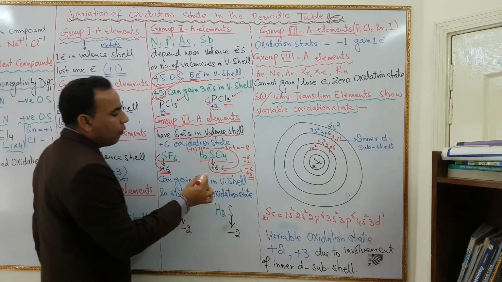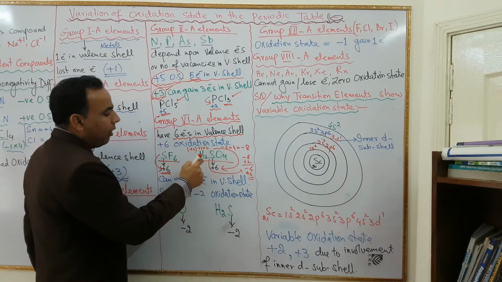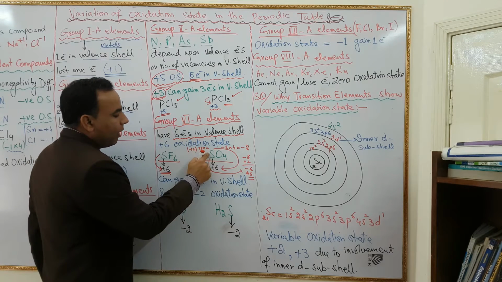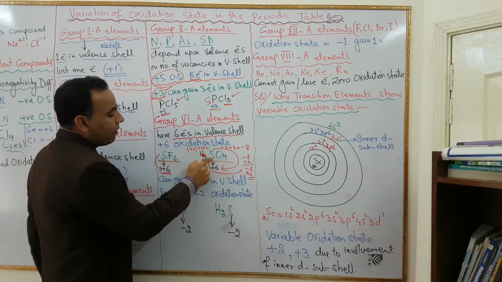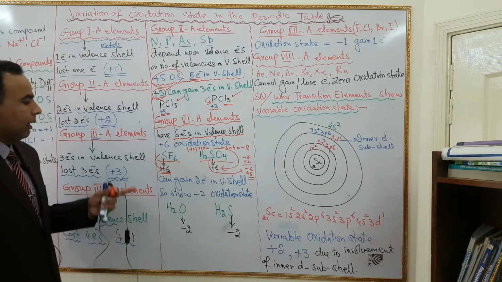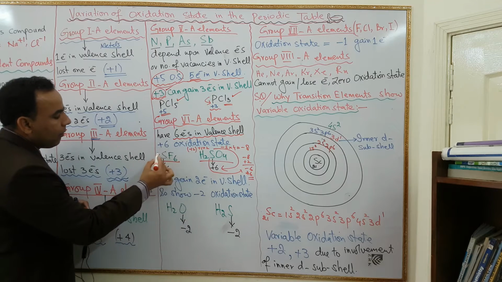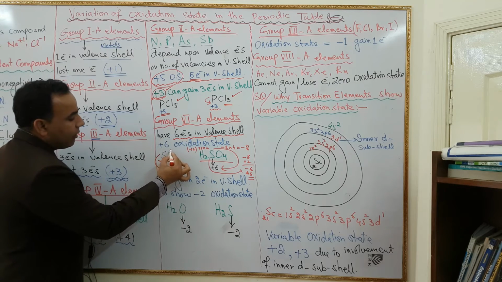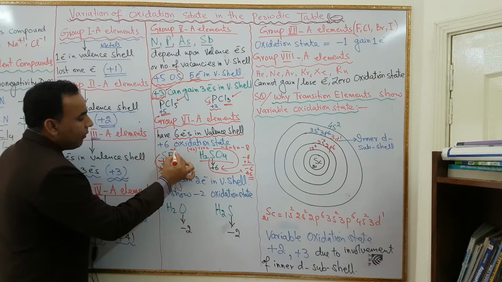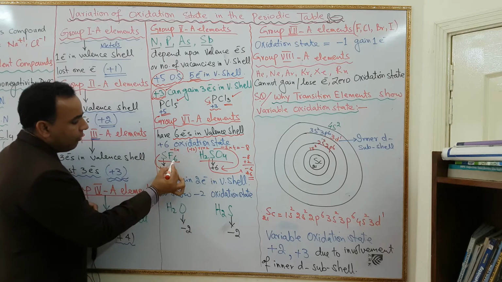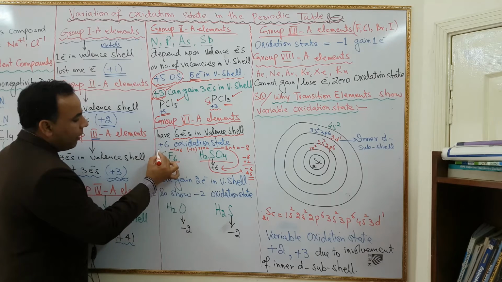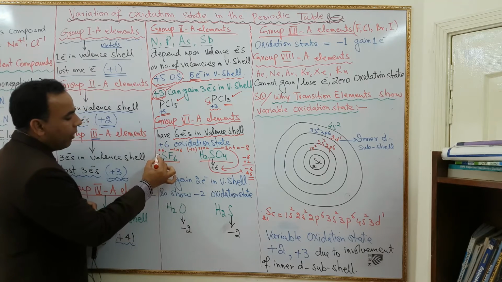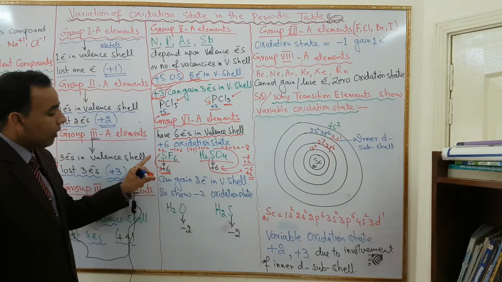In this way, we can calculate the oxidation state of sulfur in the case of sulfuric acid, as sulfur is the central atom. In the case of SF6, fluorine has -1 oxidation state, and 6 fluorine atoms are attached over here, so -6, and the sulfur oxidation state will be +6.